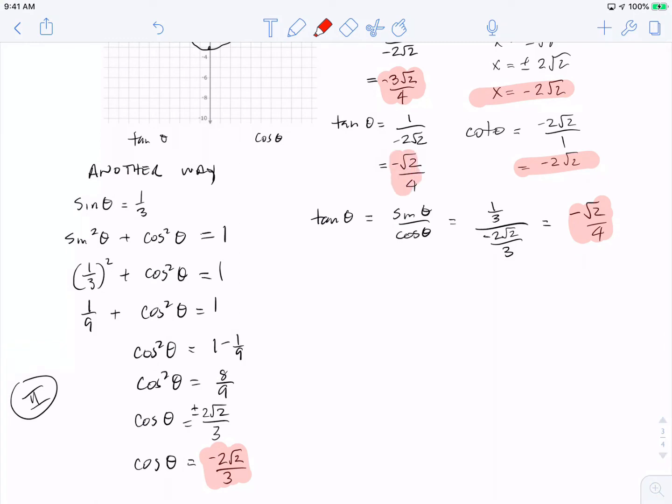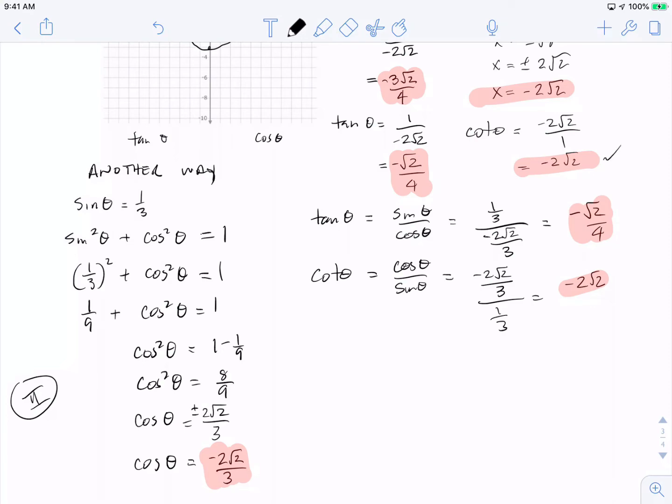Oh, I didn't highlight it. Yep, same answer. Good. Now to get cotangent, because cotangent's the reciprocal, right? It's cosine over sine. So I'm going to get negative 2 radical 2 over 3 over 1/3. And that's going to clean up to be negative 2 radical 2. And we see that's the same.